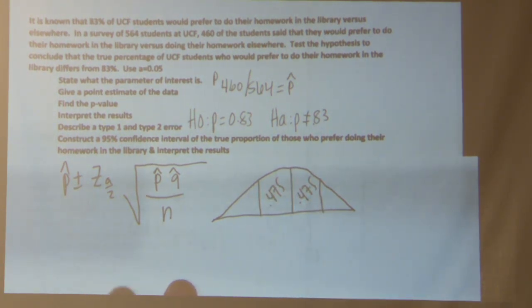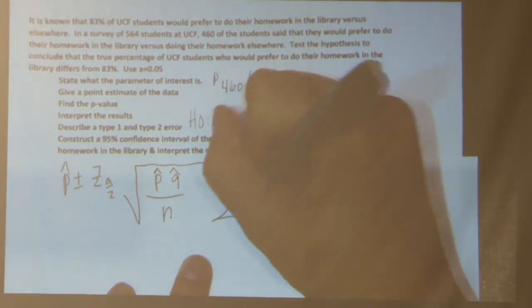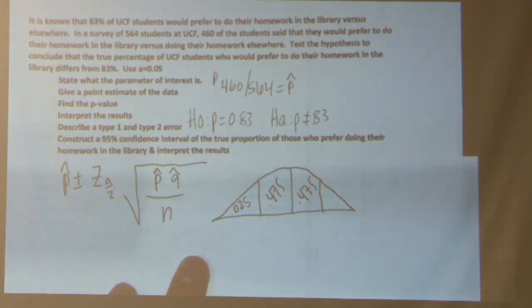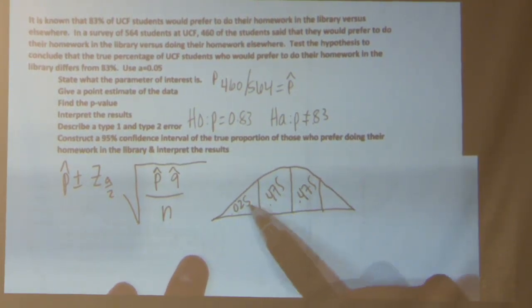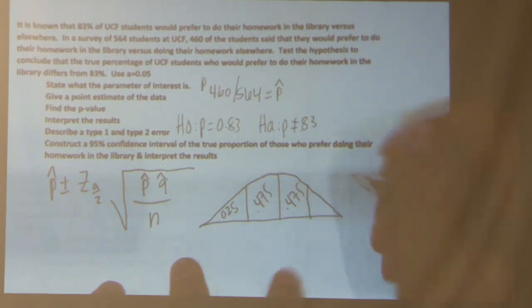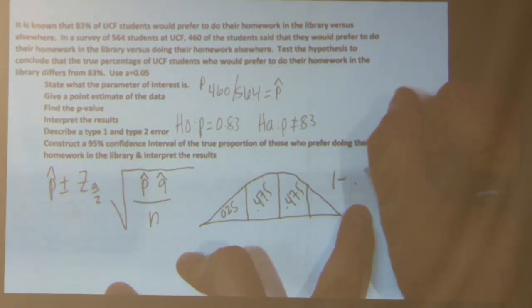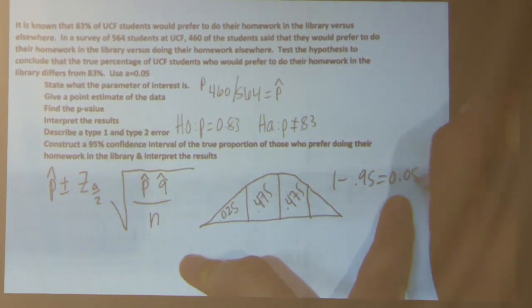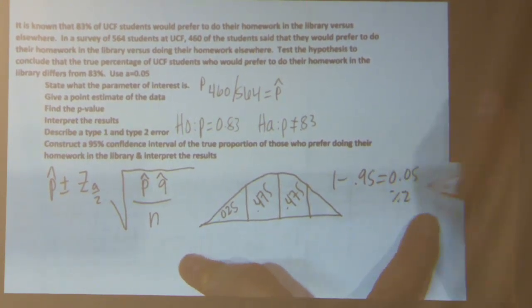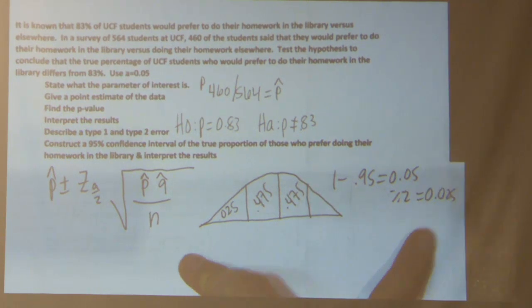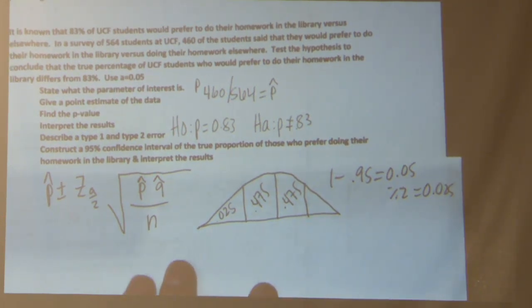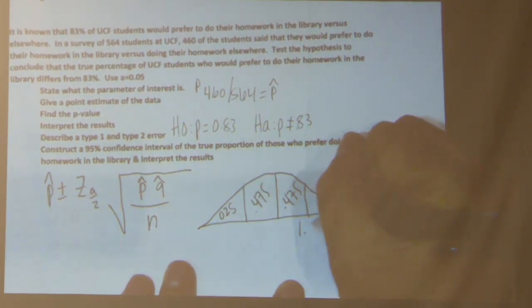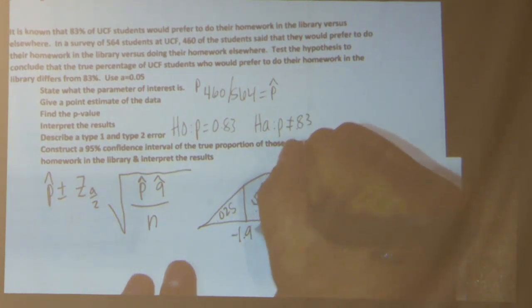However, if you guys were in the other classes, you would have to look up the 0.025 on the outsides. Another way of determining what the tails are for this is you can take 1 minus the percent confident, so 1 minus the 0.95, get 0.05, and then divide that in half. So again, we'd get a z-score of 1.96, and negative 1.96.